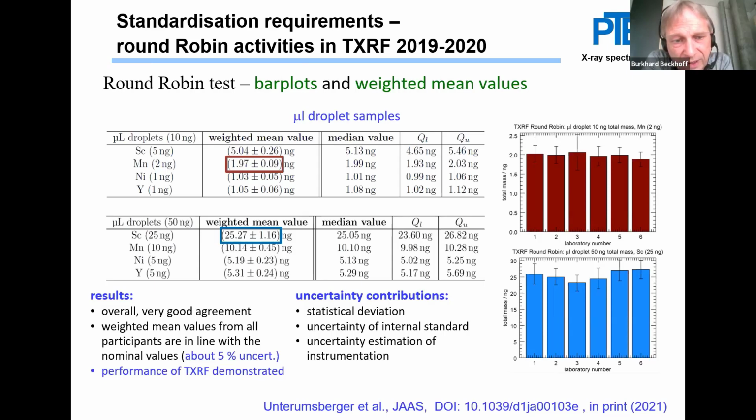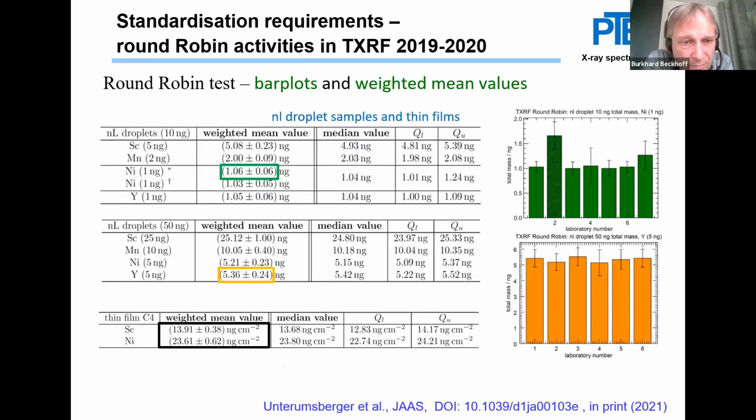So the performance of TXRF has been demonstrated. Similar results were obtained for nickel and yttrium, and also for the nanoliter droplets and for the thin film. We got similar values. So actually we had no big differences between the microliter droplets, nanoliter droplets, and thin films, presumably due to the careful pre-selection of samples.